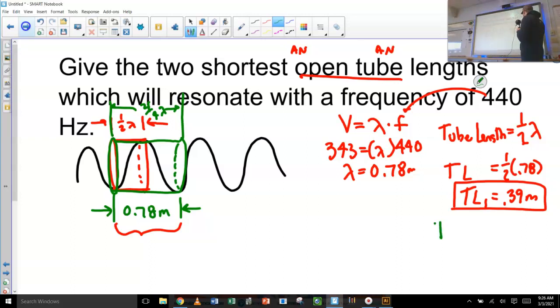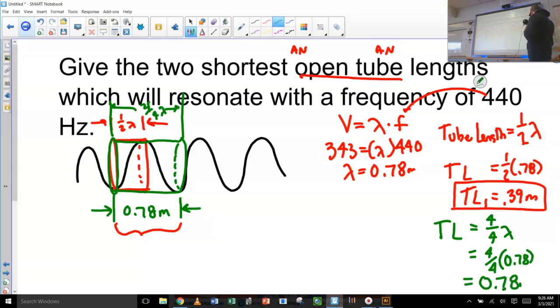So the tube length is equal to 4/4 of the wavelength, or 1 times the wavelength. So the tube length in this case, straight up, 0.78 meters. Tube length number 2, 0.78 meters.